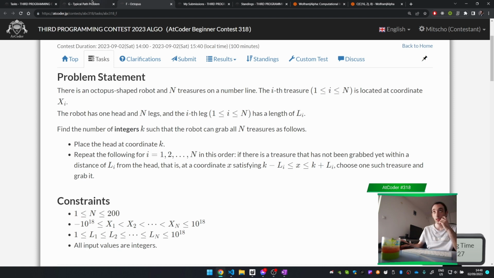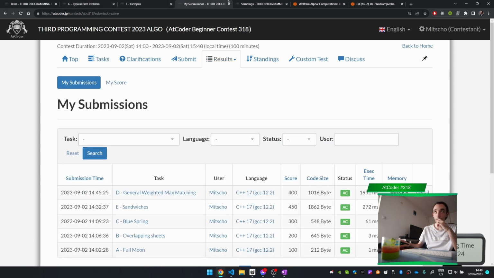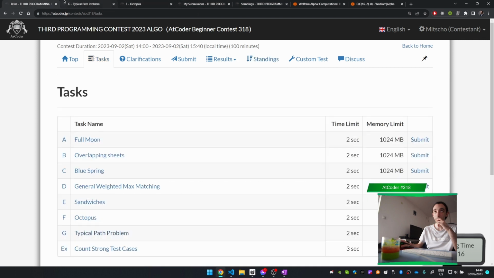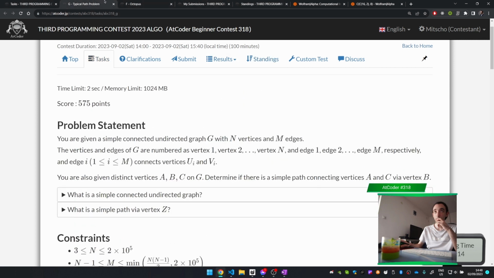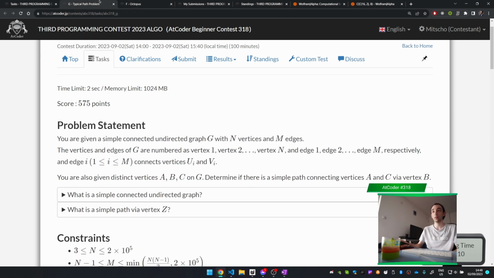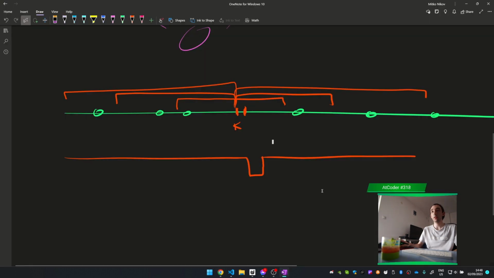Okay, so this is F, and then we have G. They're both equally worthy problems, F and G. But G is a graph problem, which I like more.